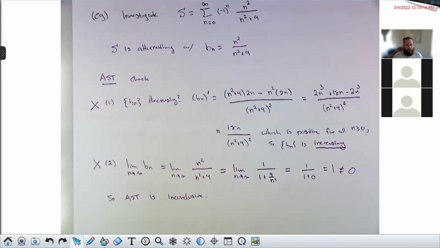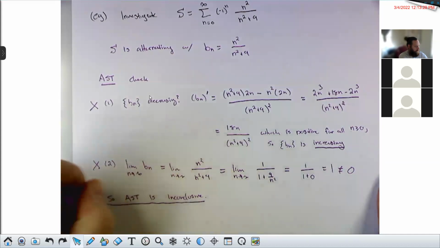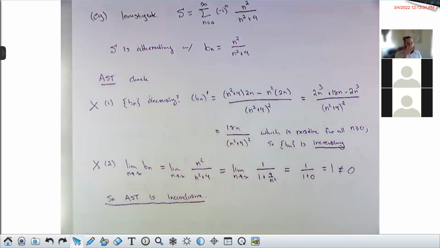Which one of our convergence tests have I not mentioned so far in this discussion? What was the very first convergence test we learned?